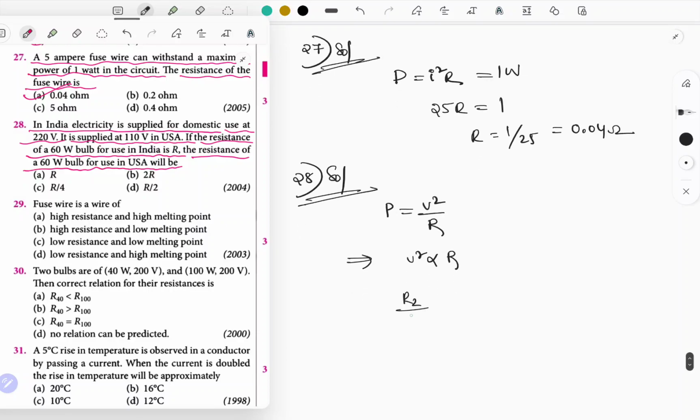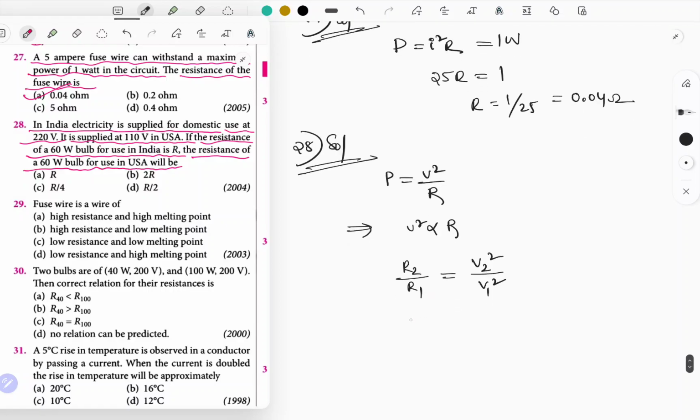Then R2 divided by R1 is equal to V2 square divided by V1 square. R2 is the second case. So what I have to find out is the resistance of the 60 watt bulb used in USA. R2 is USA, R1 is India.